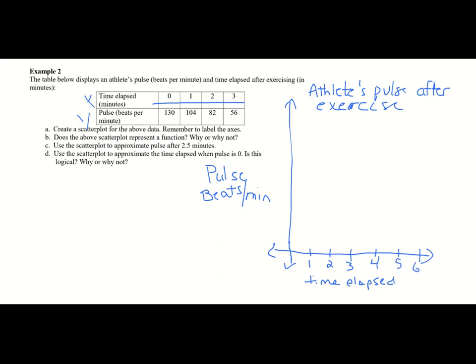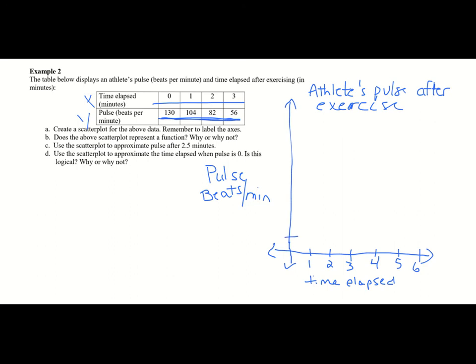Now our pulse goes up as high as 130 and as low as 56. So I'm thinking we have to go up to 130. I feel like counting by 20s would be good here.